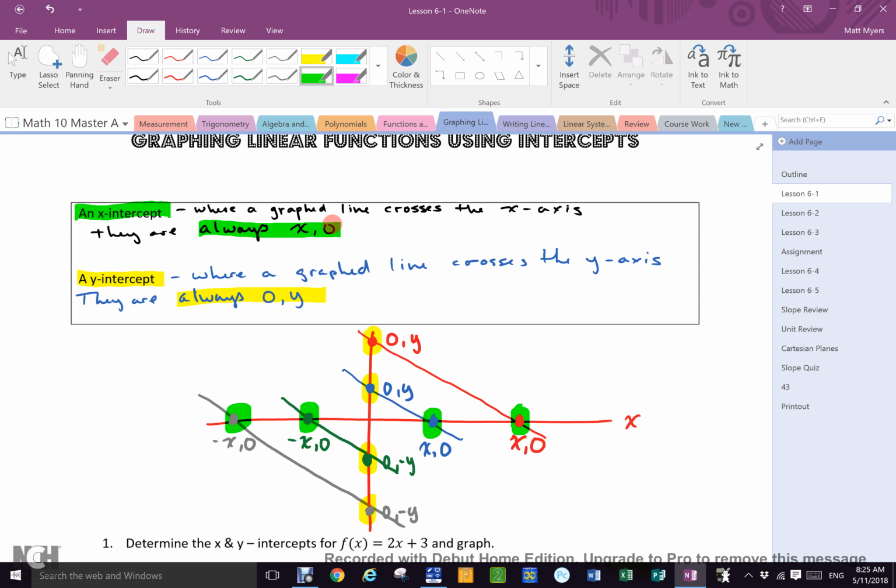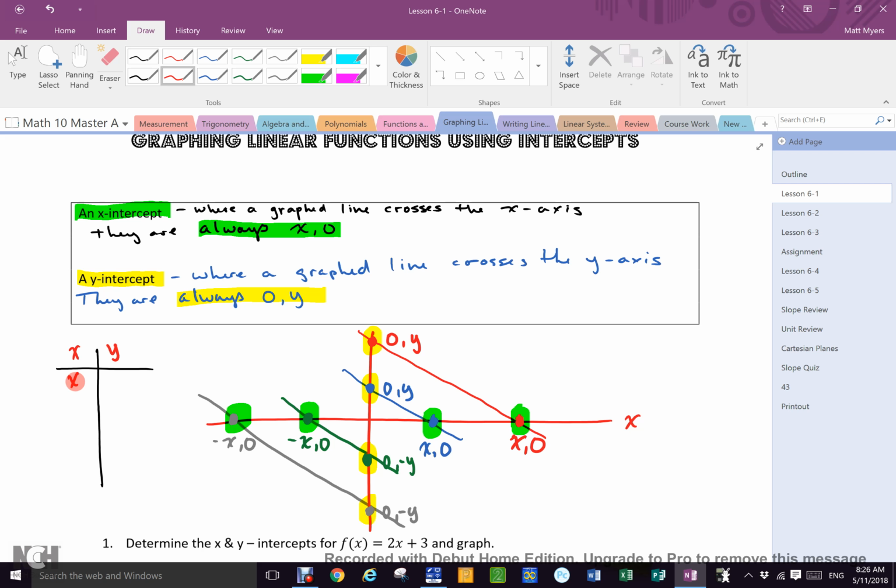Yeah? Okay. Now, if you really understand this concept, you should be able to fill this in. For the red line, what is the x-intercept that would be on this table of values? I want the x-intercept.